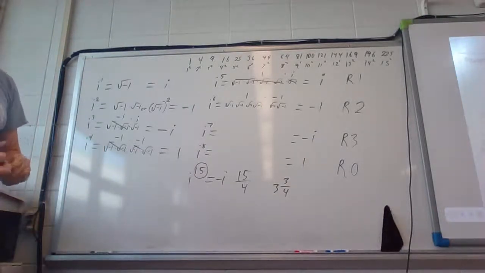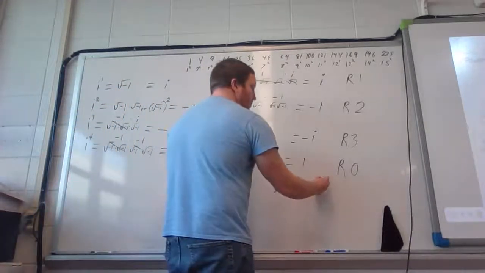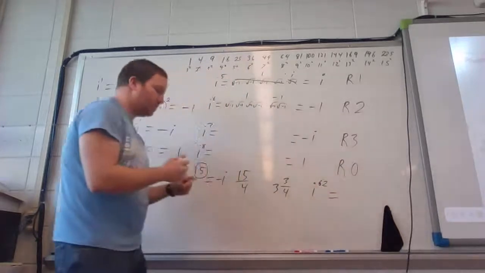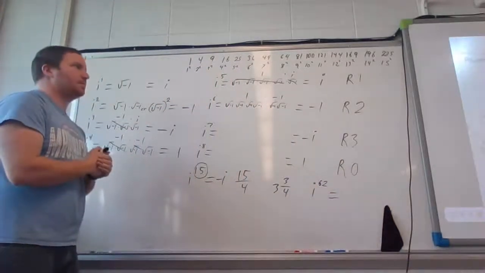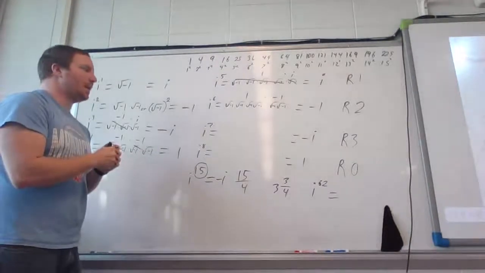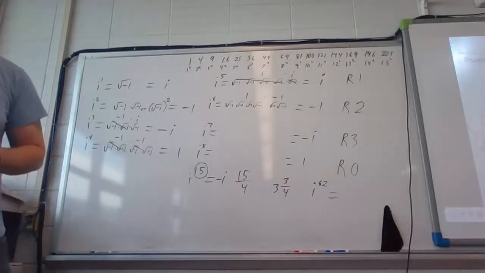So number 14, we have i to the 62nd power. If we take 62 and divide it by 4, what do we get?